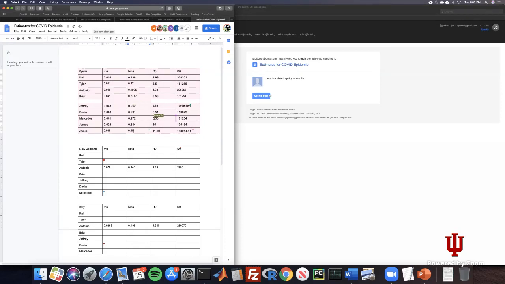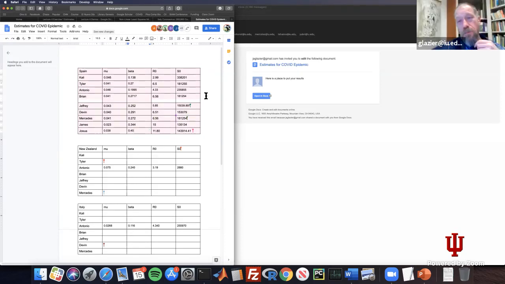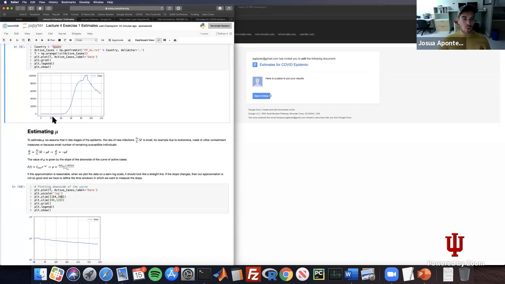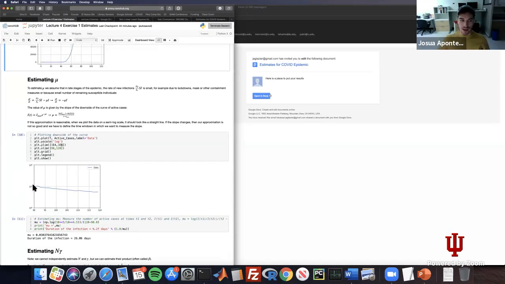Well, we're eyeballing it. Look at the R naughts. Most of them are around 6, but James and I are at the high end, and Antonio and Callie are on the low end. But it's all going to depend on what portion of the window you're using and how good your eyeballing approximation is. Mine is pretty rough. I was counting quickly and not very carefully.